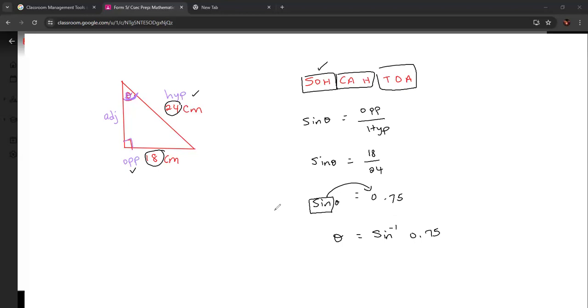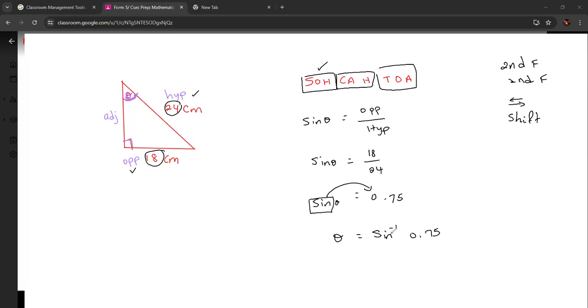Right? So when I found sine inverse, some people's calculators, you'll see second F, some see second function, some might see shift. What you have to do is press that button and then press sine. If it's cos inverse, you press cos. If it's tan inverse, you press tan.